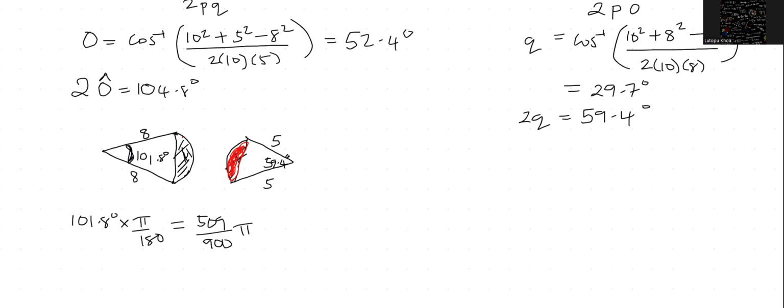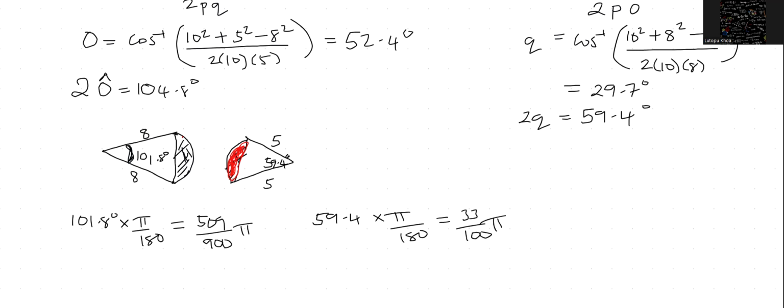Then 59.4 also multiplied by pi over 180 gives us 33 over 100 pi.